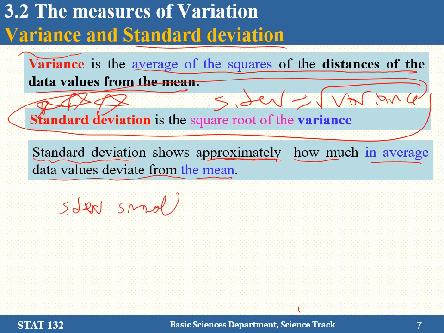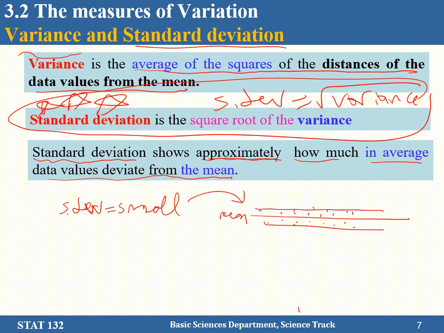What happens? You look at here, your mean is here. So the average distance is very small. It means your data values are very close to the mean. So if the standard deviation is small, you have this type of distribution.